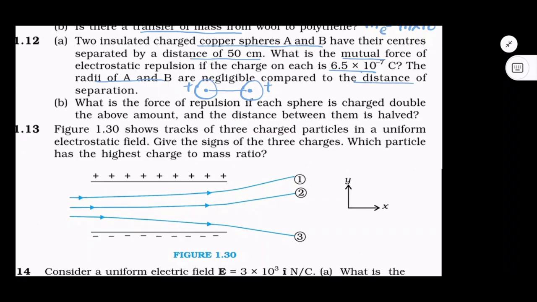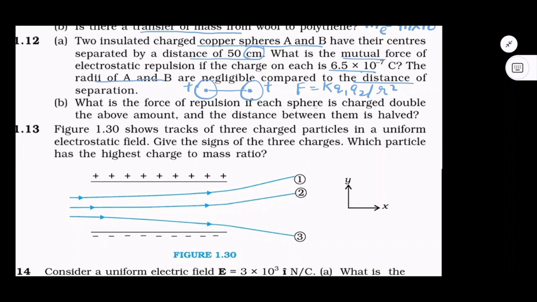So they have considered point charges only. It was just to confuse you about whether you can apply Coulomb's law or not. So you can again apply F equals K Q1 Q2 upon r square. You are given everything and you can substitute the values in SI units. I am mentioning it again: keep in mind the units.